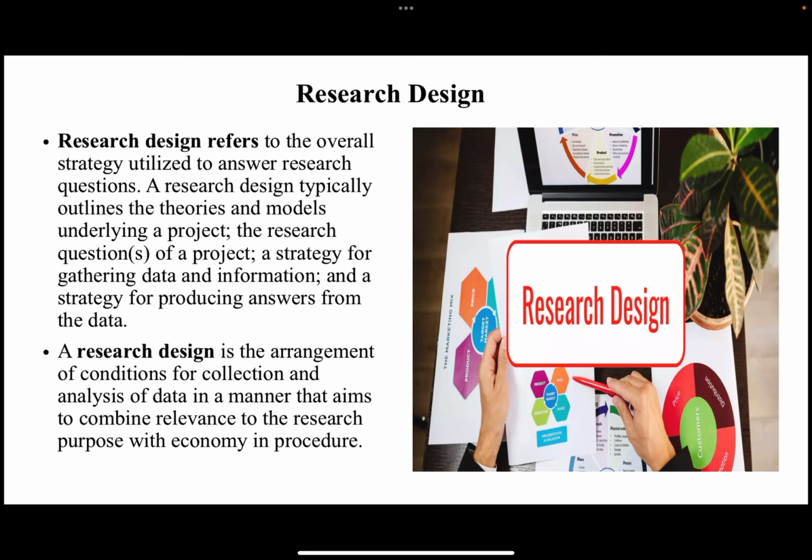Okay, so a research design basically is the overall strategy utilized to answer your research question. The various strategies that you are going to use to get answers to the questions that you asked at the beginning of your research. That is the research design.